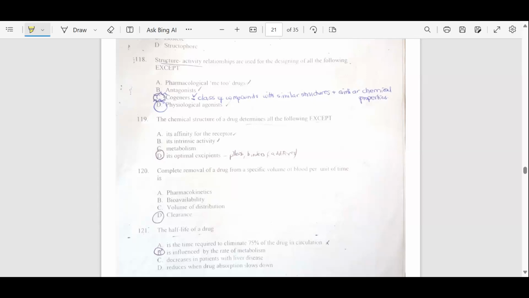For example, levodopa and carbidopa, how they are similar to dopamine. But will that be physiological or structural? If you are trying to make a similar molecule, is it physiological or structural?